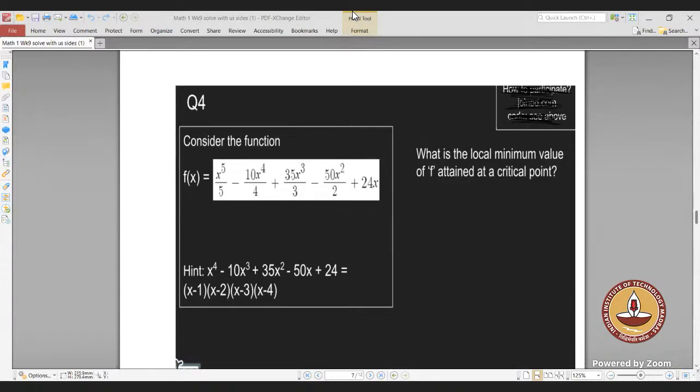If we plot any polynomial by its factors, either it will bounce back from the x-axis or it will cut the x-axis. So how do we determine the saddle point? Like we can use the double differentiation test, right? Sir, is it possible that a polynomial function has a saddle point?